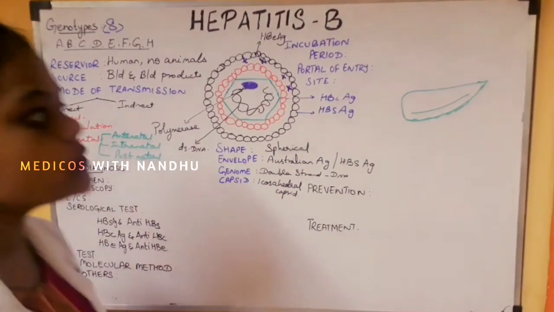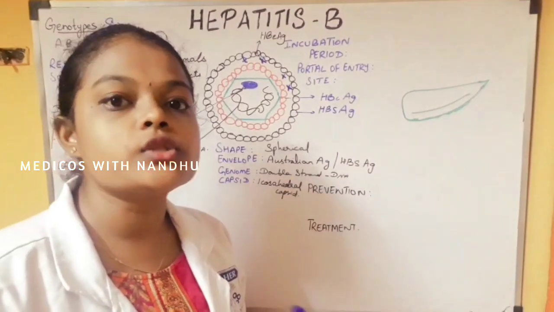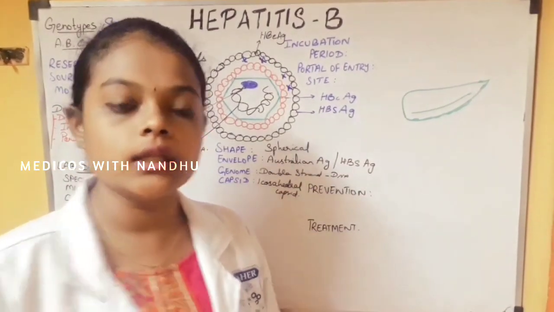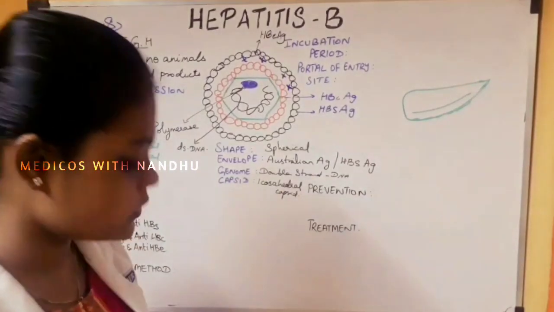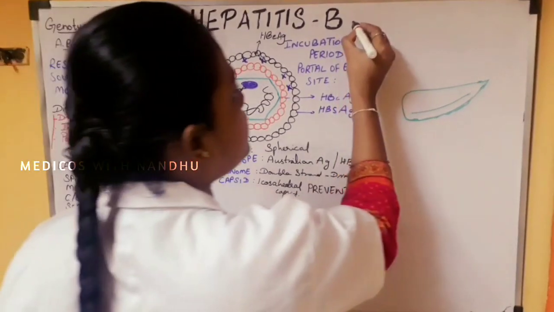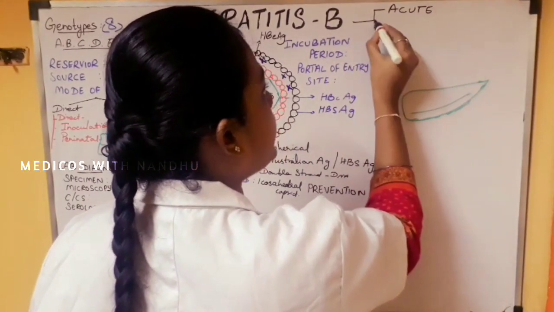Now we have to see what the pathophysiology is, what the virus does to our body, how it enters the cell membrane and the nucleus. So first of all, hepatitis B virus is classified into acute and chronic.